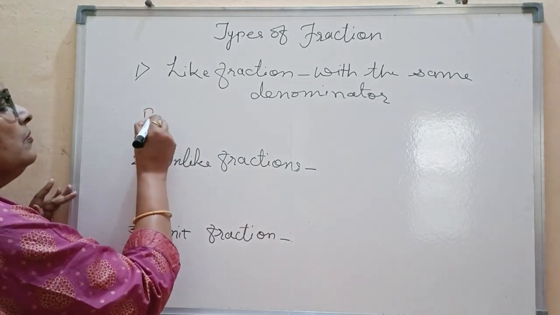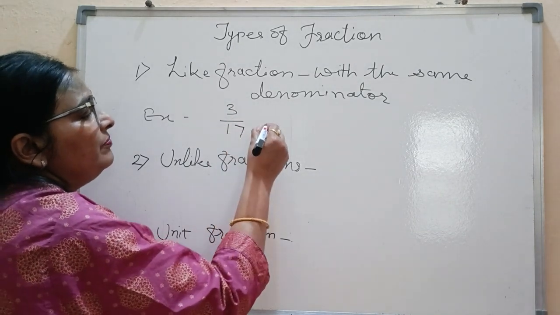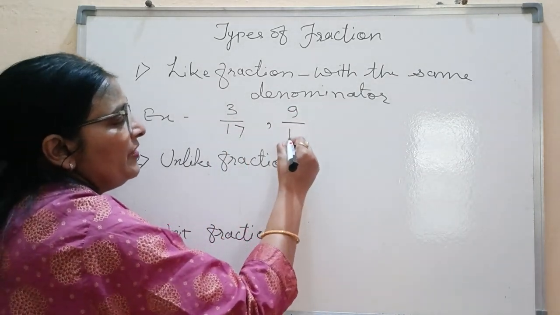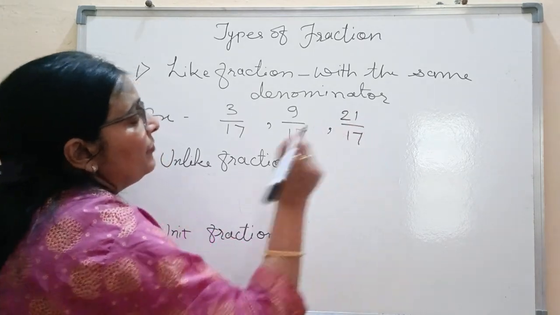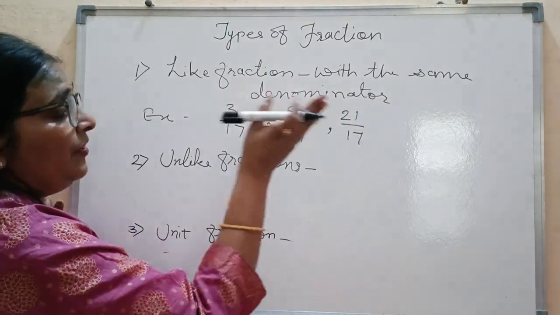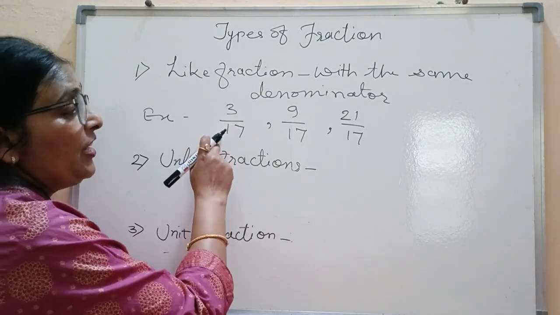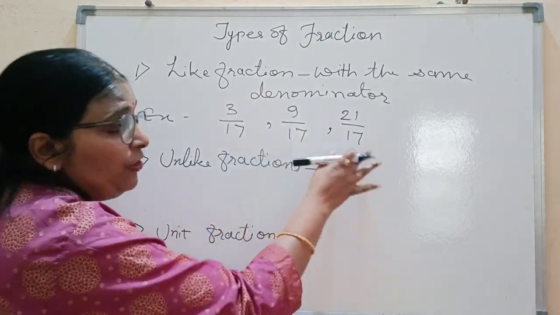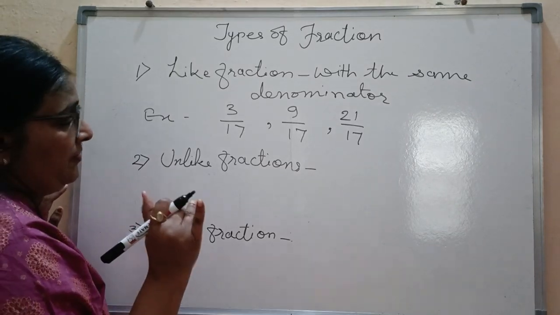For example, 3 by 17, 9 by 17, 21 by 17. See, all these fractions have the same denominator. So these are called like fractions.